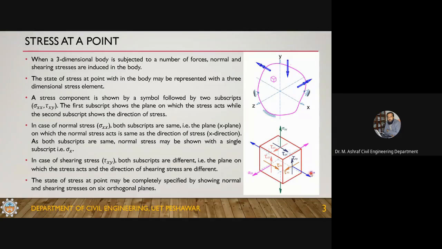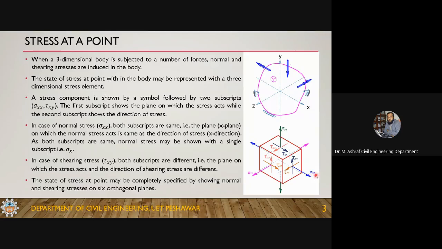First is the symbol, which for the normal case is sigma. You can see this is normal stress, this is normal stress, this is normal stress. There are three normal stresses, and all of them are represented with sigma. And all shear stresses are represented with tau.